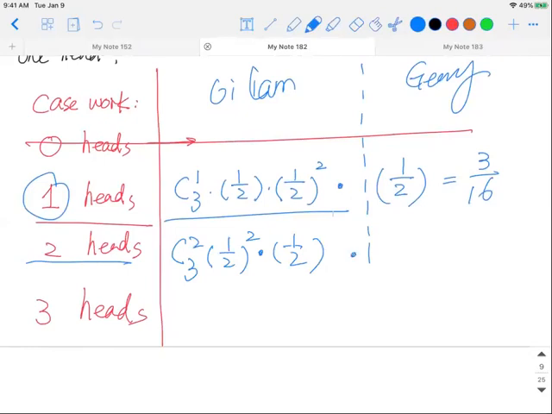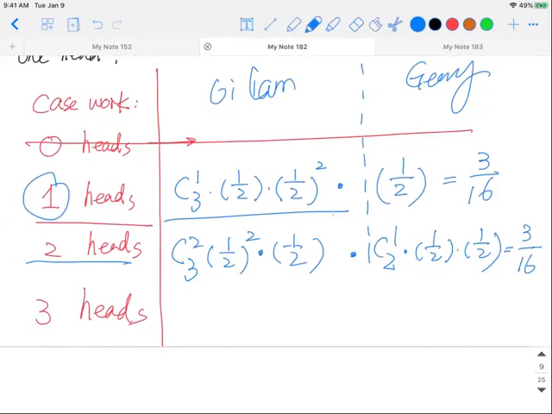Now it's George's turn. George has 1 coin remaining, so he needs it to come up as a head. That head gives you 50%. Everything together, 3/16.